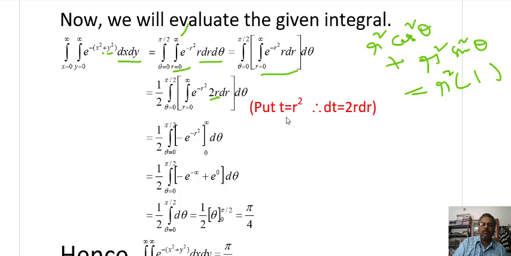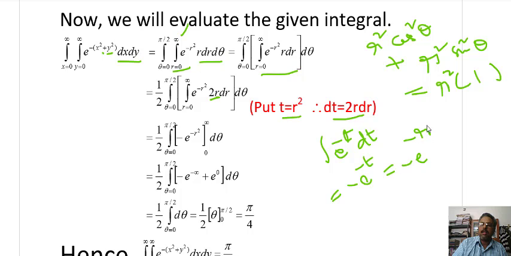Suppose you assume t equals r square, so dt equals 2r dr. Now this integral becomes e power minus t dt. The integral value is minus e power minus t. t is already known, so minus e power minus r square. Now 1 by 2 times the integral theta from 0 to pi by 2 of minus e power minus r square.